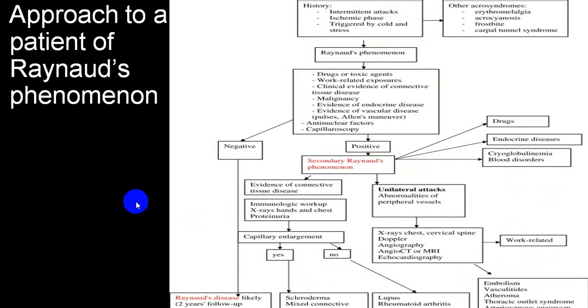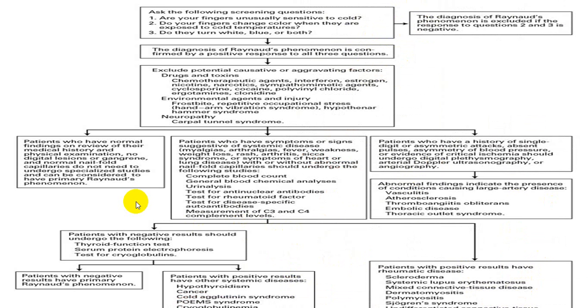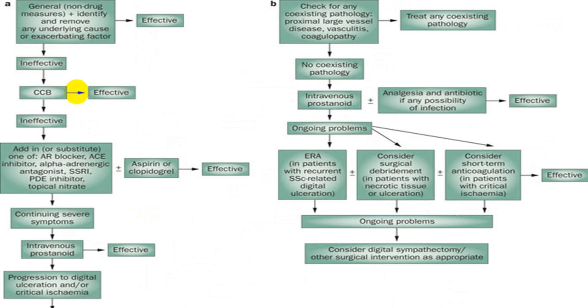At your leisure time, you can go through. This is another slide showing you how you approach a person with Raynaud's phenomena, in a little more detail. These are all different algorithms which you can utilize for approach to Raynaud's phenomena.